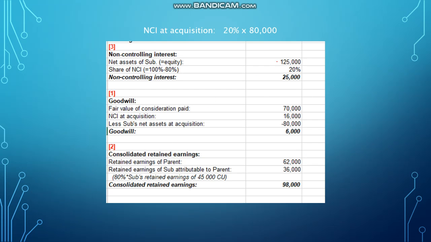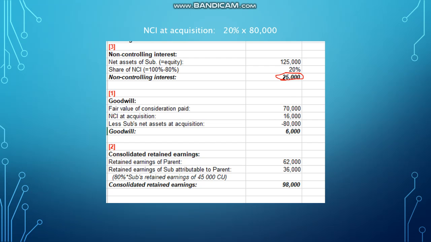So starting with non-controlling interest, we start with our net assets of the subsidiary, which was $125,000 shown above, and then we take the non-controlling interest share in the subsidiary, which is 20%, as we own 80%. And if we multiply those two numbers together, we get our $25,000 in non-controlling interest.